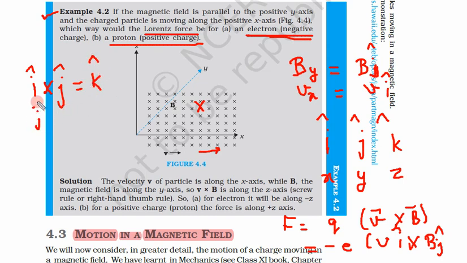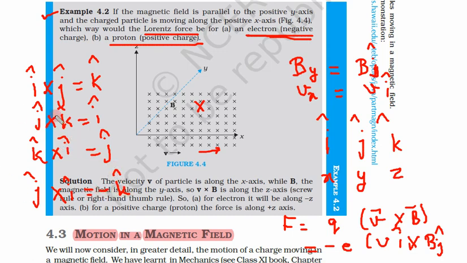Similarly, j cross k is simply i, and k cross i is simply j. But if they are in reverse order, that means j cross i, that is minus k.